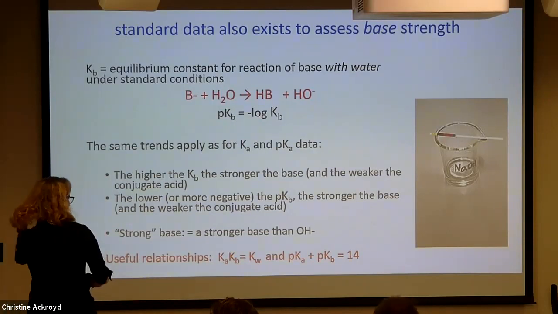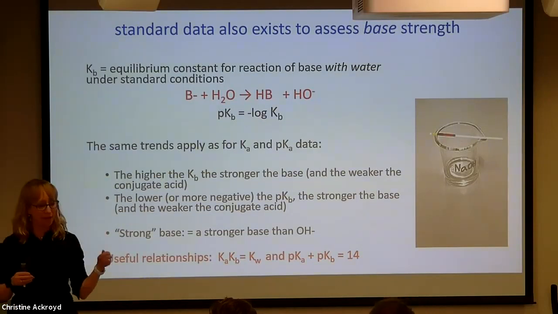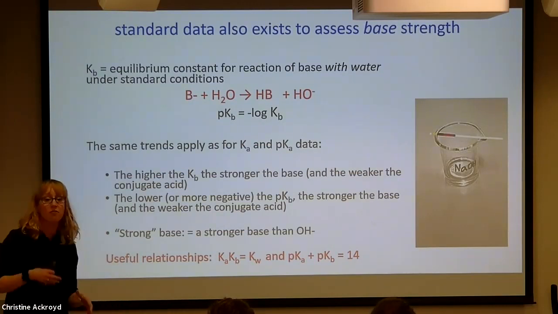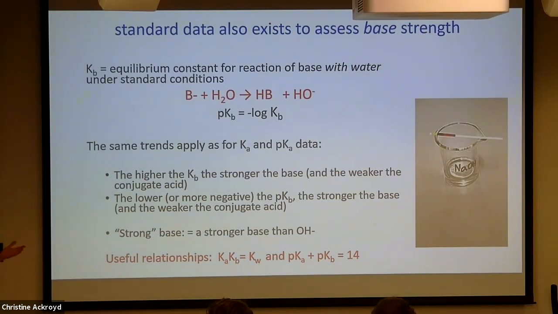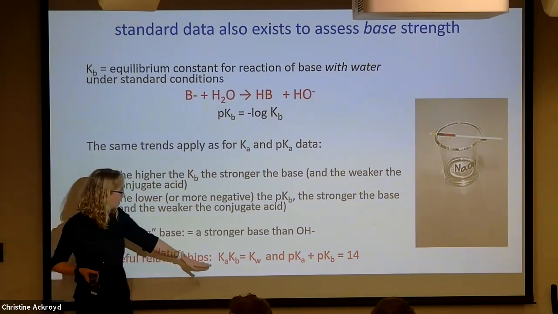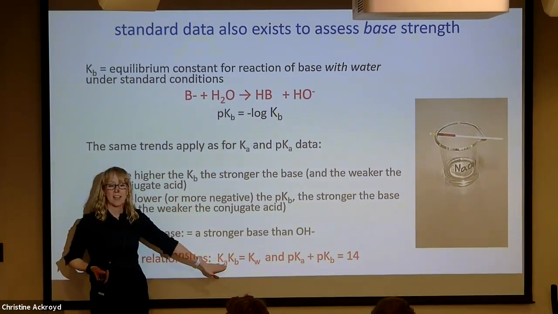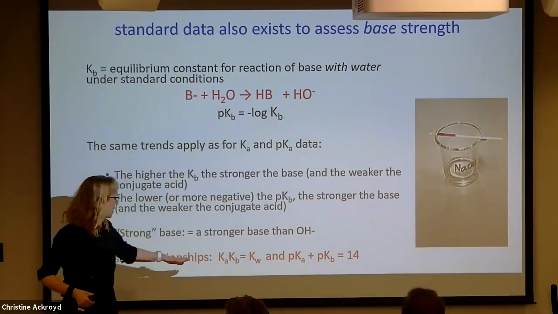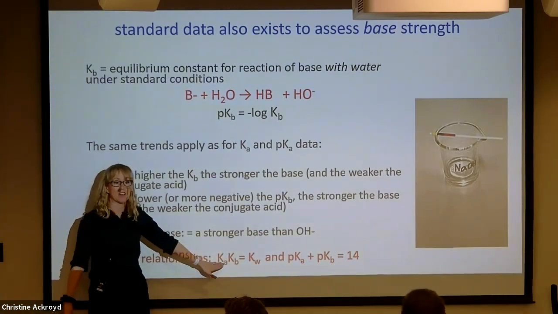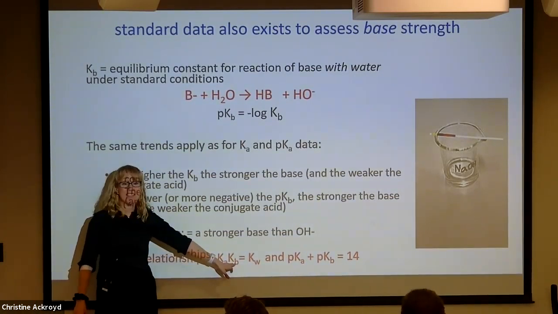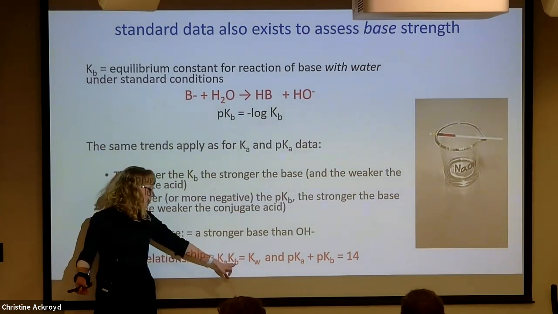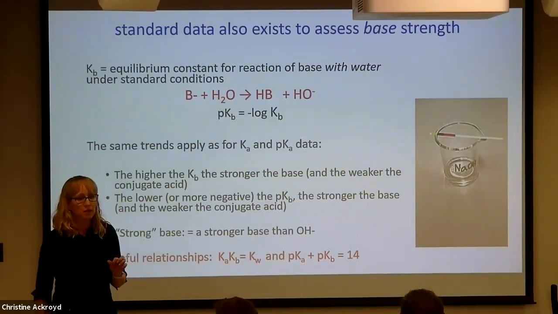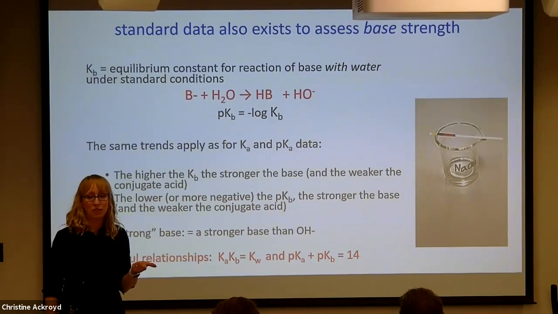Okay, because acid and conjugate base strength are related in aqueous solution via the Ka and Kb values, for every acid and its conjugate base, if you multiply the equilibrium constant, the Ka value for the acid, times the Kb for its conjugate base, you will always end up with a single number, which is what? 1 times 10 to the minus 14th.